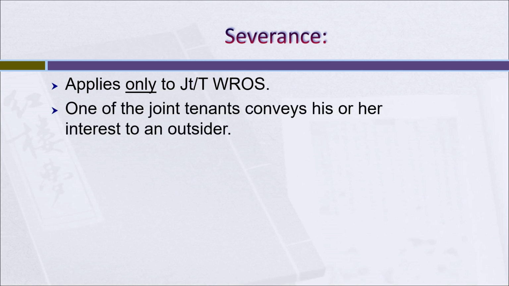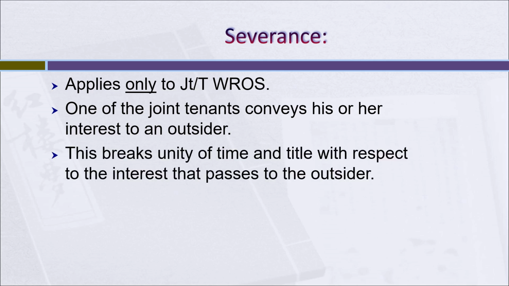What happens in a severance is that one of the joint tenants conveys his or her interest to an outsider, and by an outsider we mean somebody who wasn't part of the original group of joint tenants. When that happens, it breaks the unity of time and title with respect to the interest that goes to the outsider.